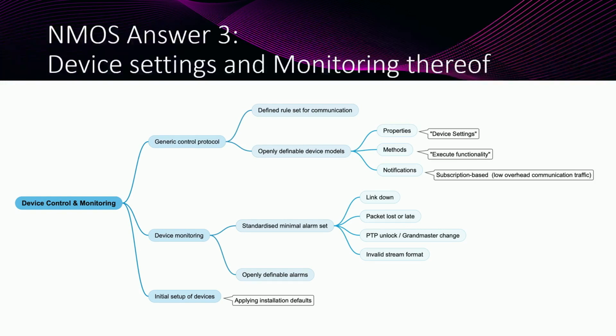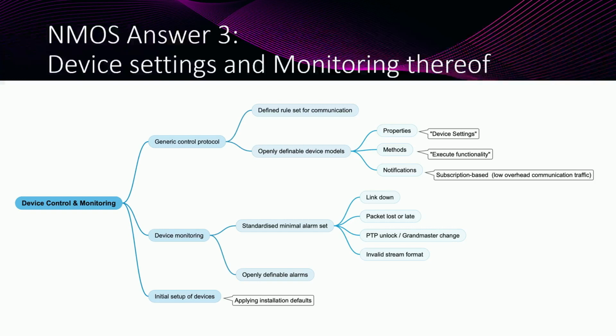And on the device monitoring side, which I just mentioned before, we are right now in the process of standardizing four alarms. And we believe these four alarms could solve 80 to 90% of the problems. That means not solving it, but it could allow an operator to call the right person pretty quickly. The four alarms we're going to standardize on are links, or parts of the links, being down, and packets being late or lost.